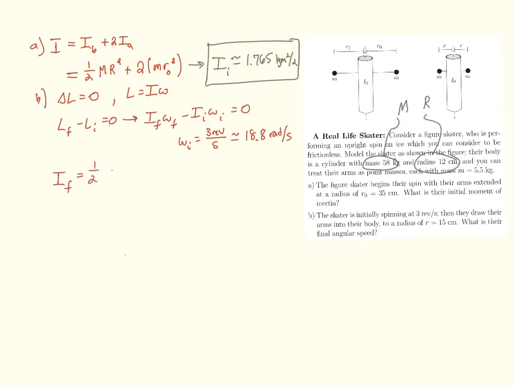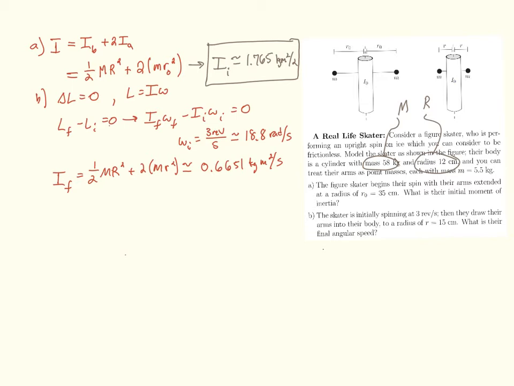I final will be, again, 1/2 m r squared plus 2 m, and now just times r squared. If I plug that into my calculator, I end up with 0.6651, again, kilogram meters squared per second.